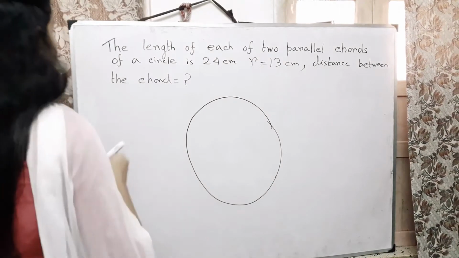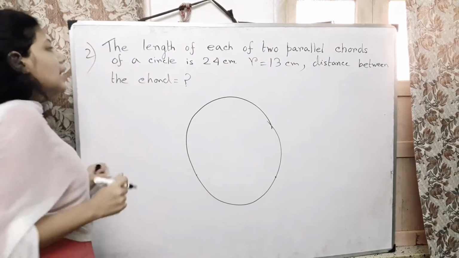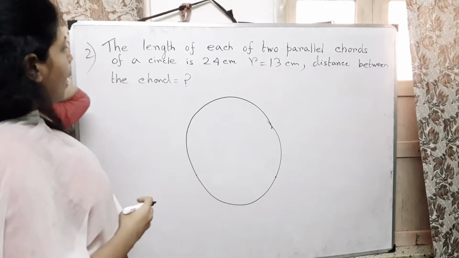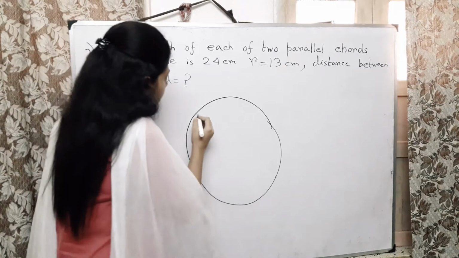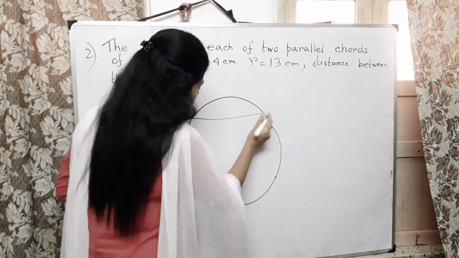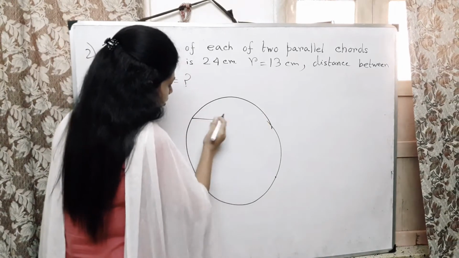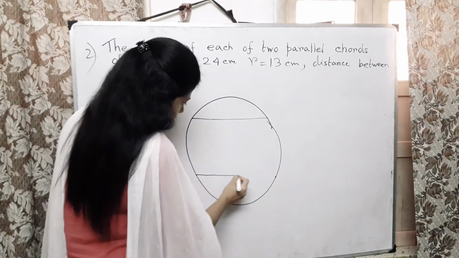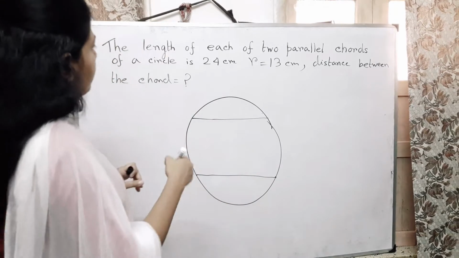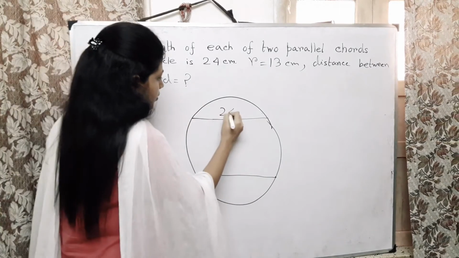Now the next one, sum number 2. The length of each of two parallel chords of a circle is 24 cm. So first I will take two parallel chords here, each of them 24 cm.